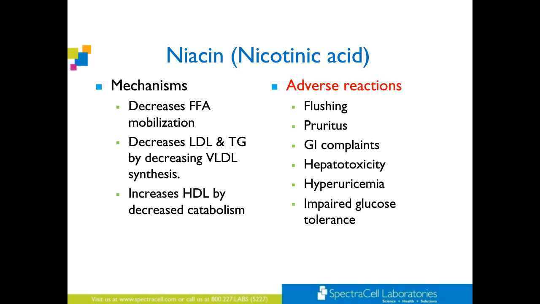Yes, there's been some evidence of glucose elevations. I've seen patients, of course, the flushing is something, and the pruritus is very common with those individuals. And some people do have GI complaints with this particular nutrient, especially if they've taken it on an empty stomach. But once again, this is another reason why we have to do some monitoring of these individuals. We just can't give them these nutrients and expect them not to have any side effects.